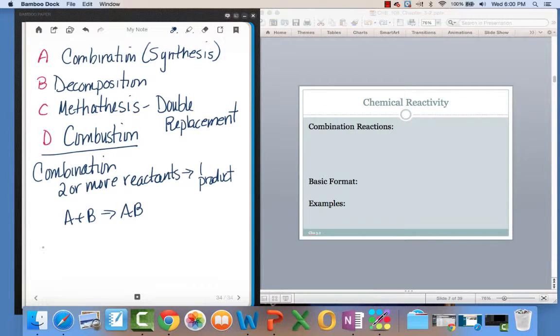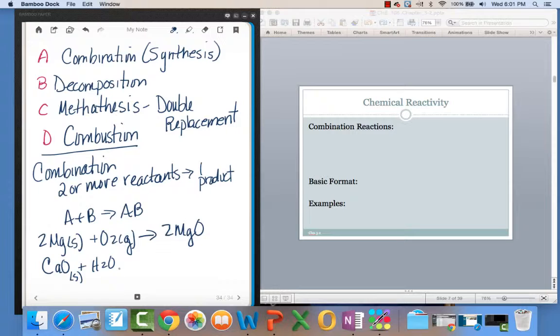And let me give you 2 examples. So the formation of magnesium oxide from magnesium solid and oxygen gas. That's one example. Or the formation of calcium hydroxide from calcium oxide and water.